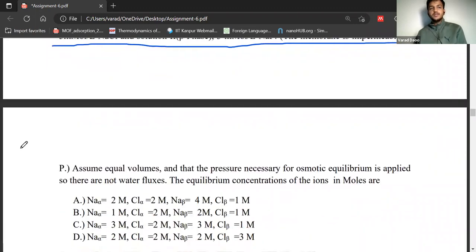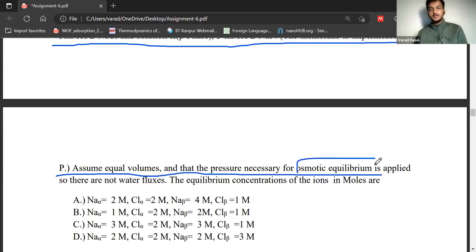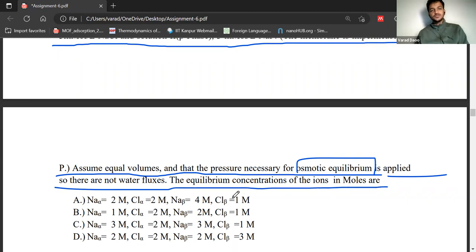The membrane is impermeable to P, so assume equal volumes and the pressure necessary for osmotic equilibrium is applied. So there are no water fluxes, so the equilibrium concentration of ions in mole is what? So these are the options. I'll give you a couple of minutes to solve.